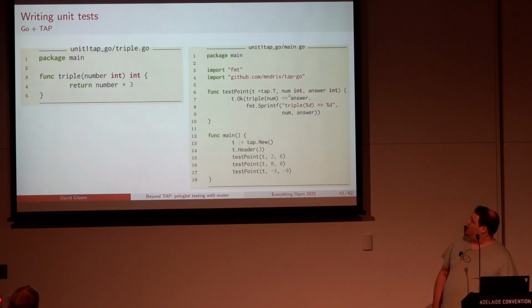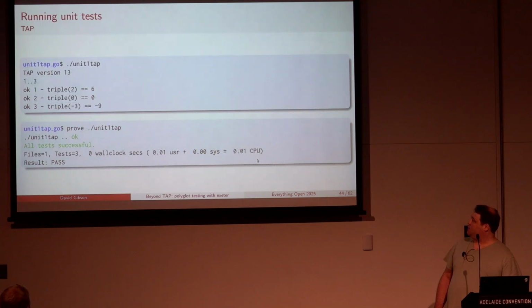So we have this function that takes, again, the input and the expected output, and this t.ok generates either an OK or a not OK, depending on this Boolean parameter. So if the answer is right, it generates an OK. If the answer is wrong, it generates a not OK. And this is the test description or name that goes on the test point. Here we run it on our 3 examples.